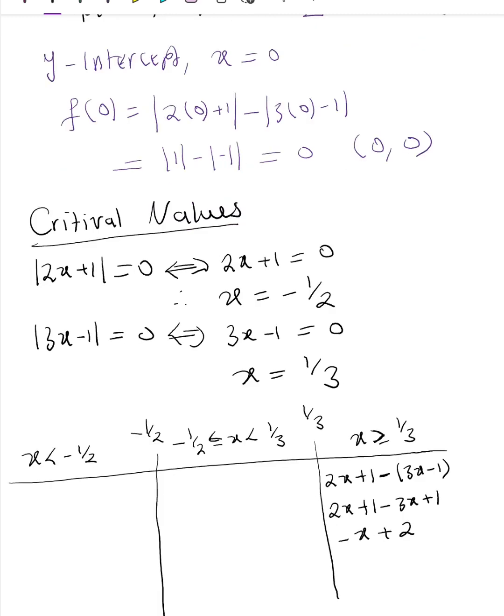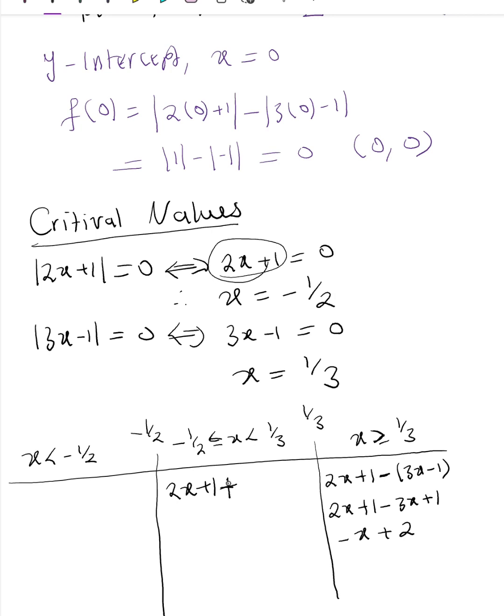Okay? In the middle, the values of x are greater than negative half, so I pick the positive part, 2x plus 1 minus, but the values of x are less than 1/3, so I will pick the negative part of that one. So minus negative is positive.